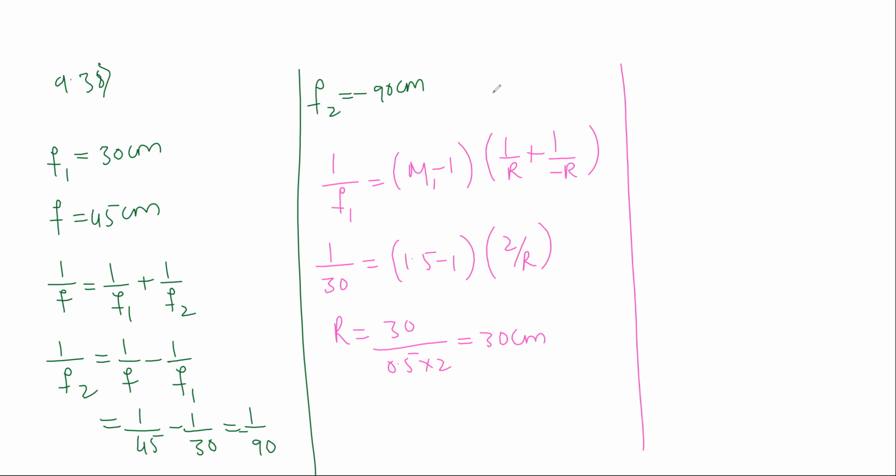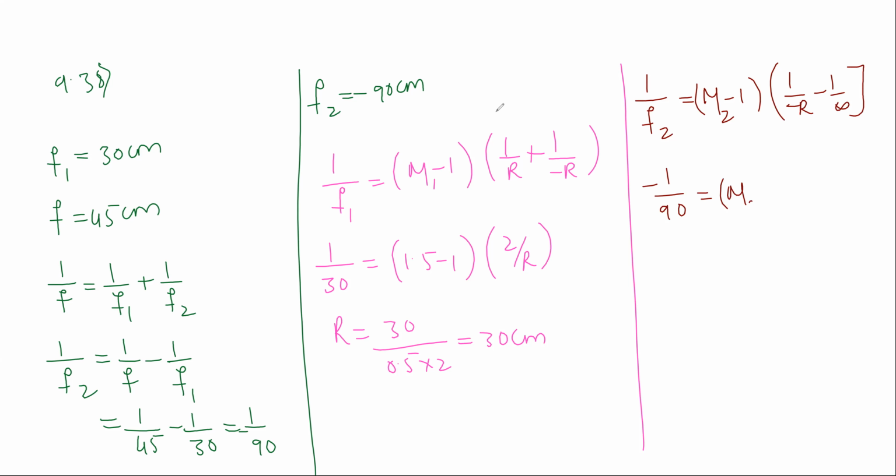So next, taking the refractive index of the liquid as mu2, the radius of curvature of the liquid on the side of the plane mirror is infinity. The radius of curvature of the liquid on the side of the lens, r is equal to 30. The mu2 value can be calculated by using the formula 1 by f2 is equal to mu2 minus 1 in the bracket 1 by minus r minus 1 by infinity. So minus 1 divided by 90 is equal to mu2 minus 1 in the bracket 1 by 30, minus 1 by infinity, whose value is 0.